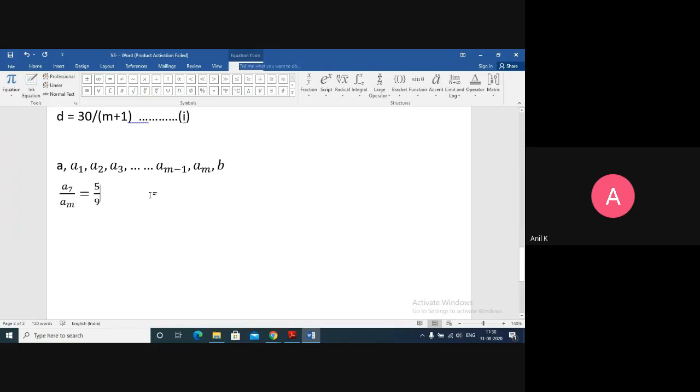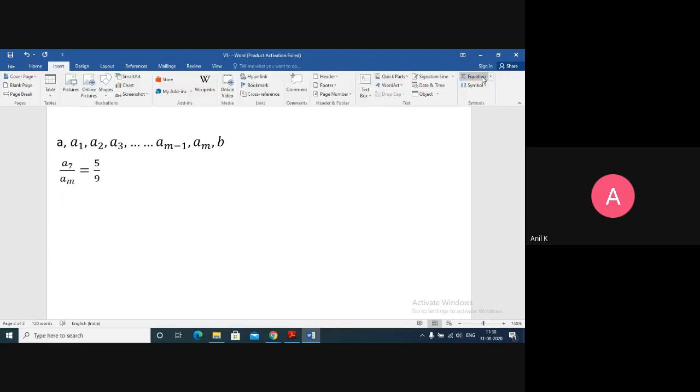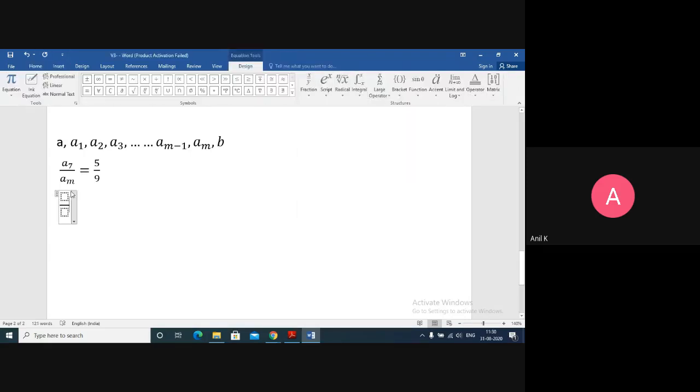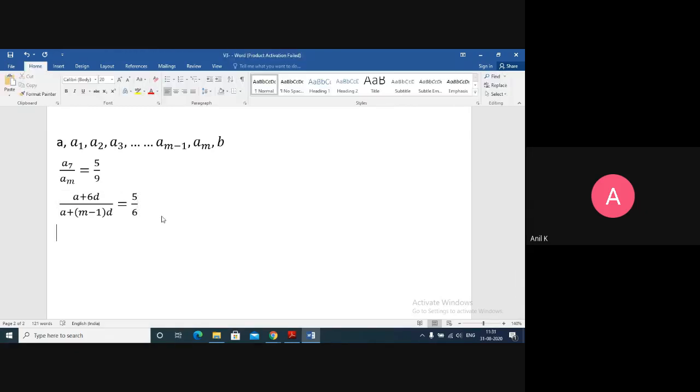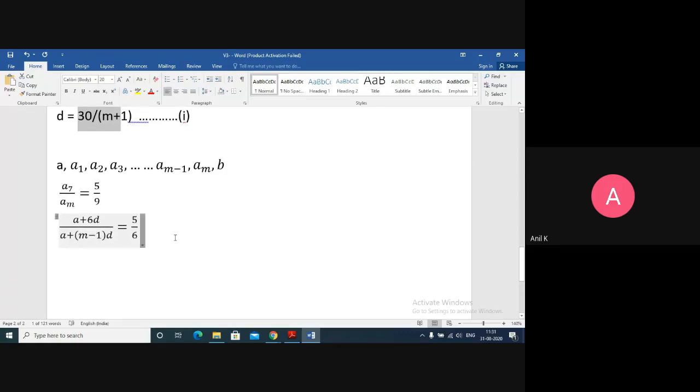Okay, so let me substitute the formulas for a7 and a m. a7 is a plus 6d, a m is a plus m minus 1 into d, equals 5 upon 9. Now you can substitute the d value which you got from here. Substitute d value as 30 upon m plus 1, and a value is 1.